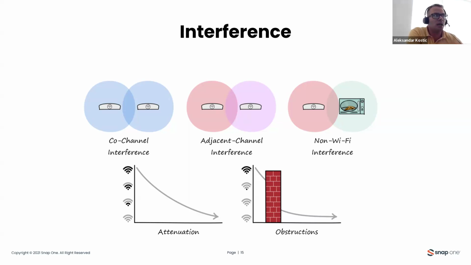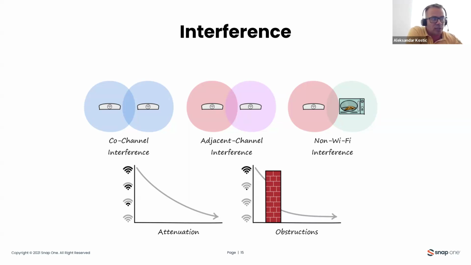And when we speak about attenuation, just to mention that the signal level from the access points decreases by distance, and it decreases really fast. It is proportional to the square of the distance, so it drops really fast as distance rises.